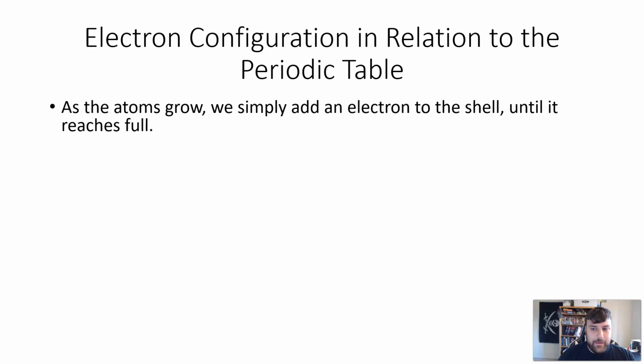So every time an atom gets bigger, it's going to gain a proton, it's going to gain some number of neutrons, and it's going to gain an electron. There are several other trends relating to electron configuration and the reason why the periodic table is shaped the way that it is. But for now, we will only be focusing on atoms getting progressively more electrons, because that's what we're looking at right now. We're looking at the configuration and building these bigger atoms.